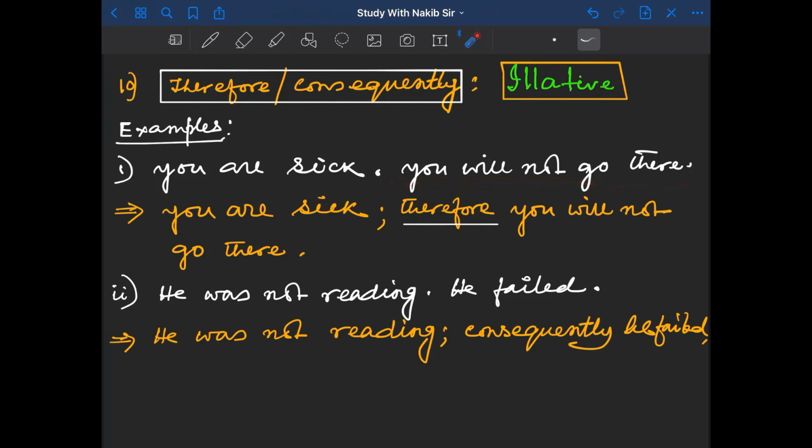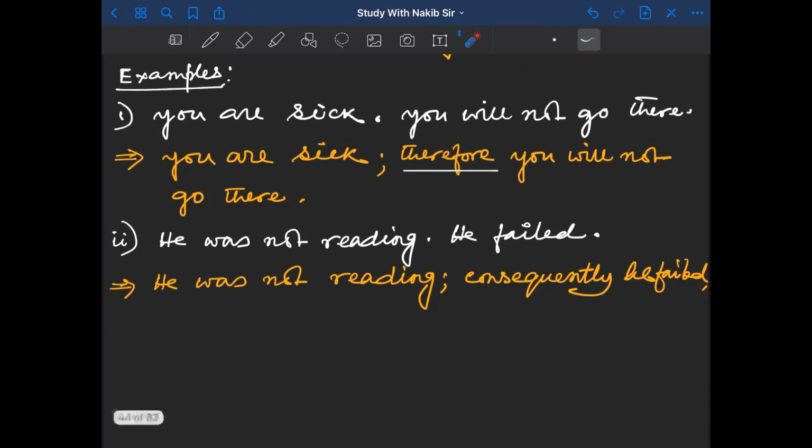This type of sentences. Okay. Now see how these two sentences are combined. See, you are sick. Okay. Therefore, you will not go there. You are sick. Therefore, you will not go there. This is your combined sentence.